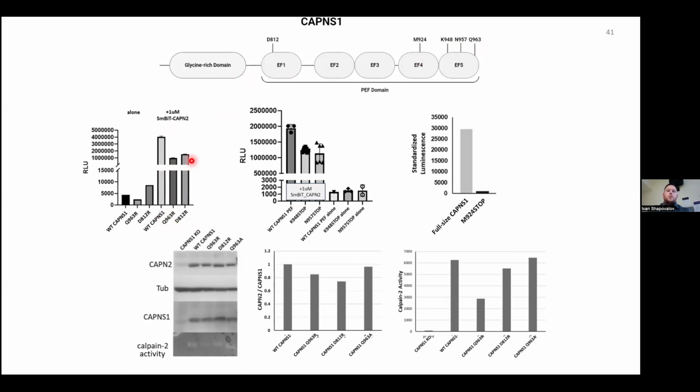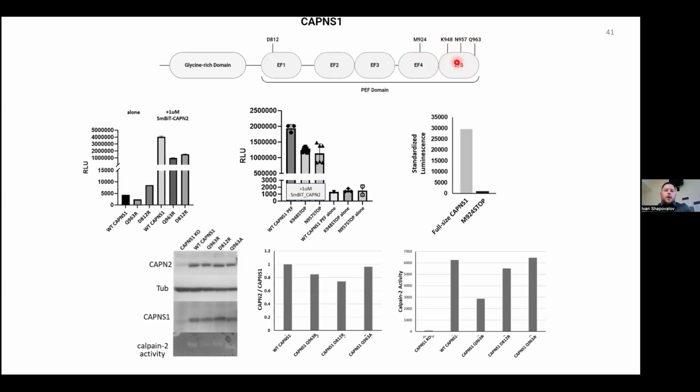At this point, both we and Dr. Alaxo have largely concluded that the C-terminus of CAPN-S1 is the area that's the most important for dimerization of CAPN-S1 with either CAPN1 or CAPN2. And so I decided, instead of doing single amino acid substitutions, I started doing truncations from the C-terminus at these three residues, N957, K948, M924.